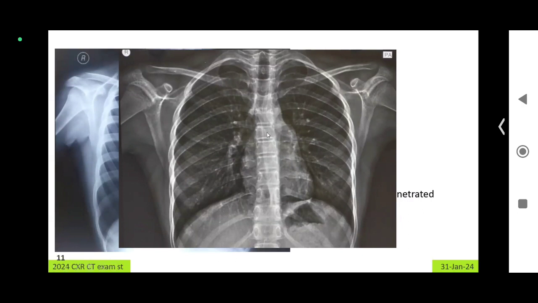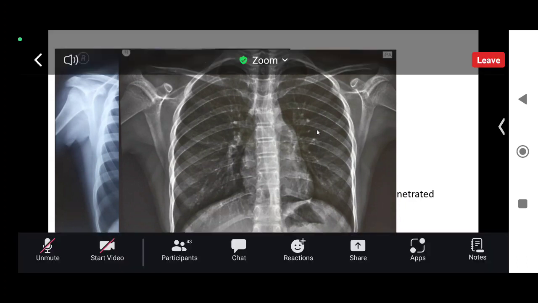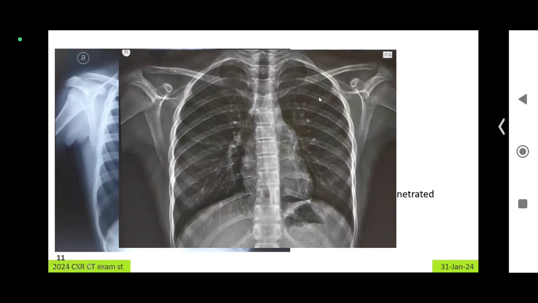You look at how clearly you are able to see all the intervertebral disc spaces, how the lung fields are almost pitch dark like the outside air. So what is there in the lung parenchyma, because it is over penetrated, you may miss. So this is the side effect of an over penetrated film.